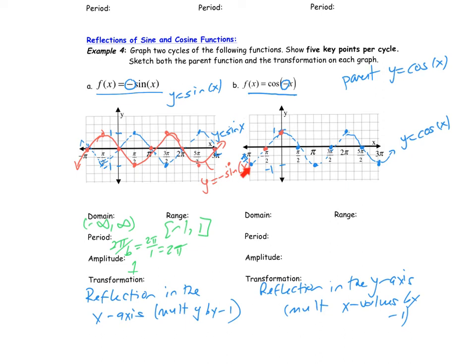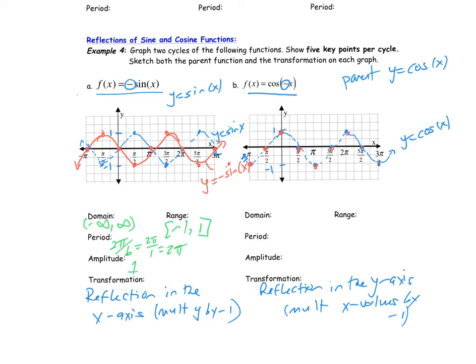That's going to be negative pi, negative 1. And once we have those points, we know the pattern for a cosine function, that it's going to go from a maximum to the midline, from the midline to the minimum, minimum to midline, etc., every quarter period. So I'm going to go ahead and plot the rest of the points.